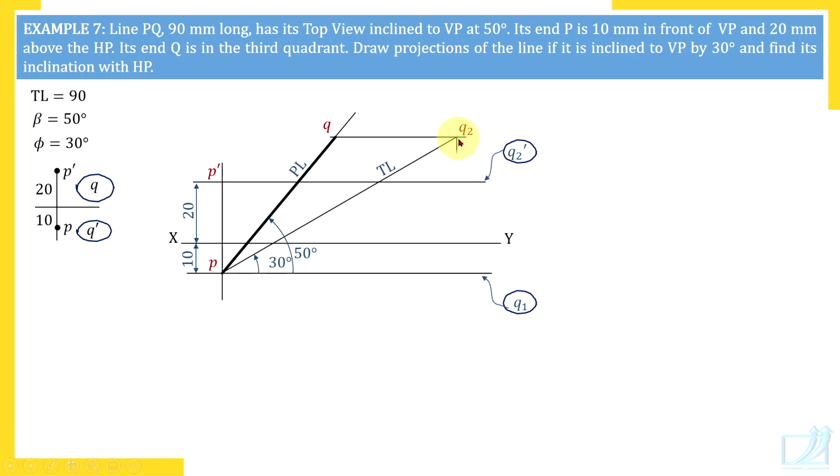Now through Q2 draw a vertical line, it meets the horizontal line here. It is Q2 dash. Q2 and Q2 dash are on the same vertical line. And when you draw a vertical line through Q2, tell yourself immediately which other point is on that line, so that you can locate that Q2 dash on this line correctly. Length P dash Q2 dash is EL.